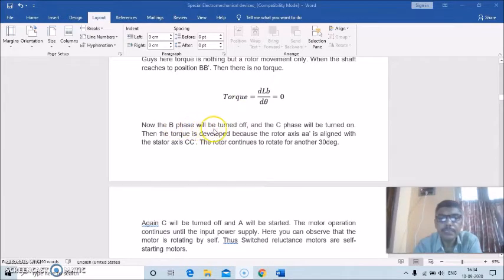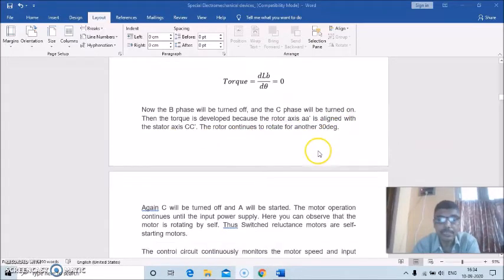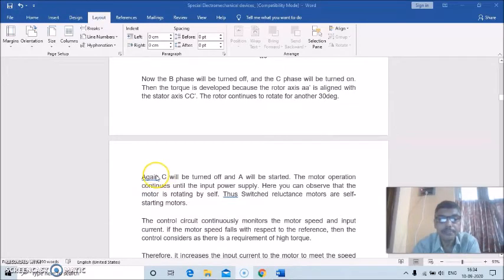Now the B phase will be turned off and C phase will be turned on, and the torque is developed because the rotor axis a dash is aligned with the stator axis CC dash, and the rotor continues to rotate for another 30 degrees.